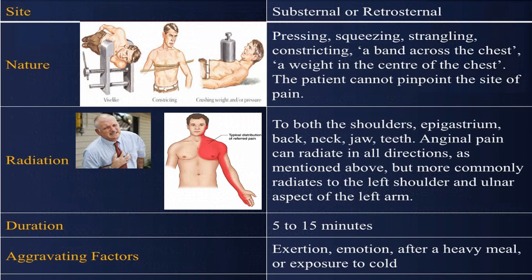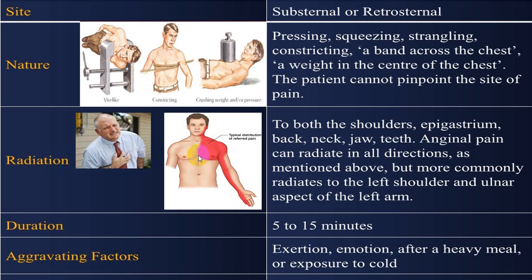Whatever we have discussed before is shown here in pictorial way also. Substernal pain, character of the pain can be pressing, squeezing, strangling, constricting. We'll be discussing again in angina chapter. So these are the different descriptions the person gives. This is heaviness in the chest, someone is compressing, squeezing sensation, radiation, typical Levine sign, radiates to left shoulder, all along the inner arm up to the little finger, to the neck, jaw, right up to TM joint.